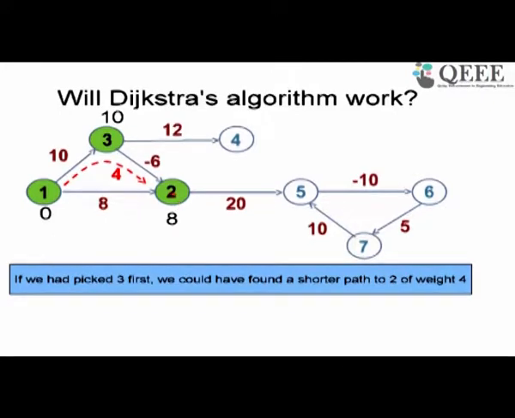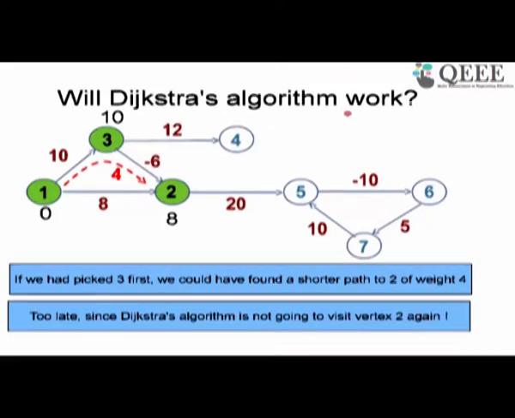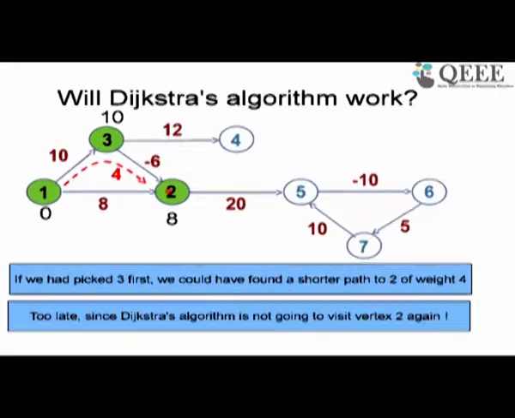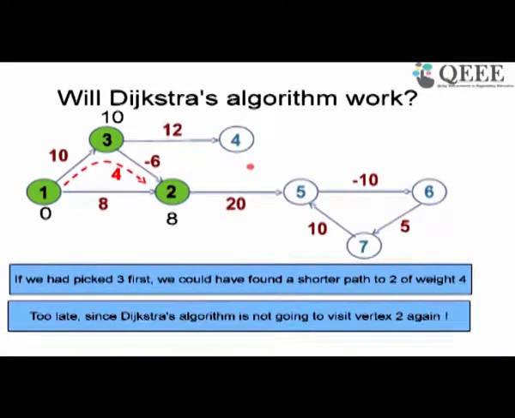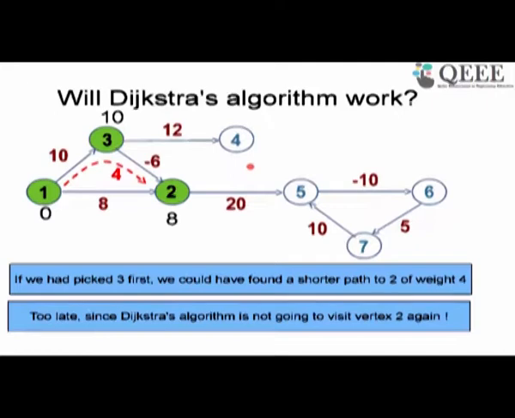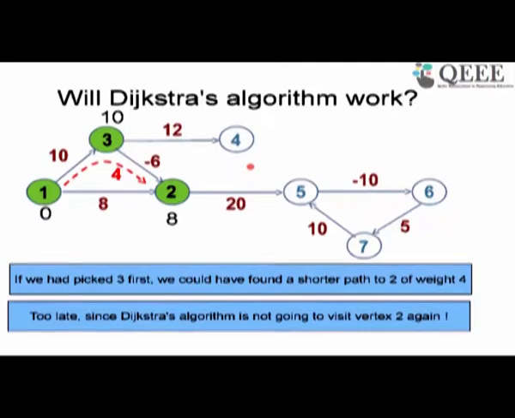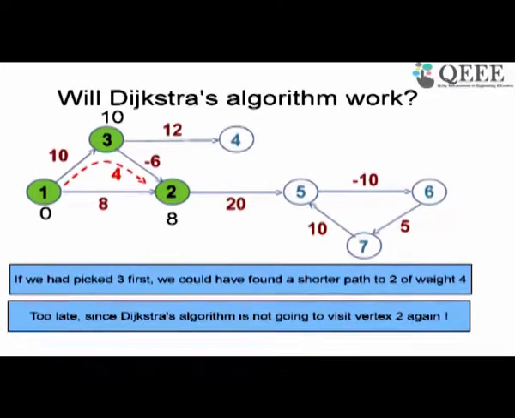Dijkstra did not find it, it found 2 initially, so it stopped. So the problem with Dijkstra is that it's a greedy algorithm, so once it has visited 2 it's not going to visit 2 again, and because of that it's not going to discover this new path via 3. Therefore Dijkstra does not find the shortest path in graphs which have negative edge weights. So what do I do?